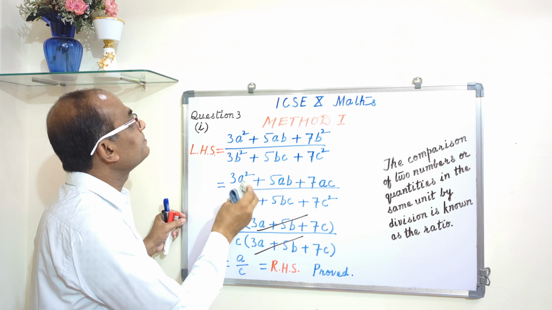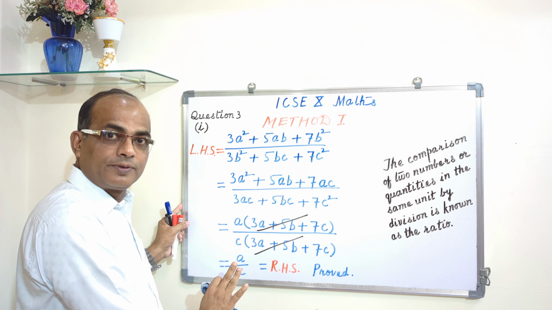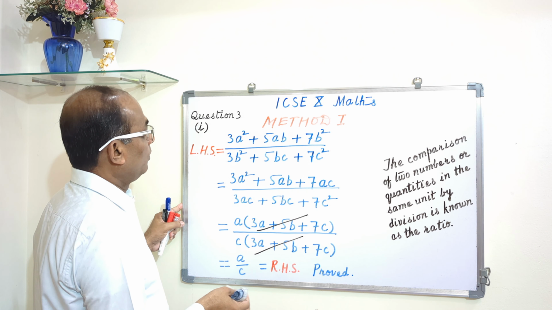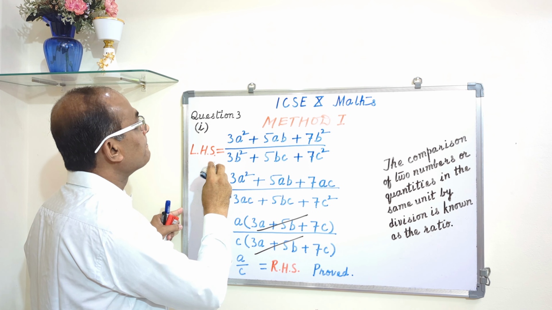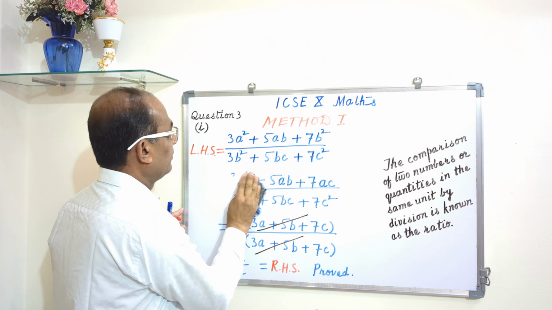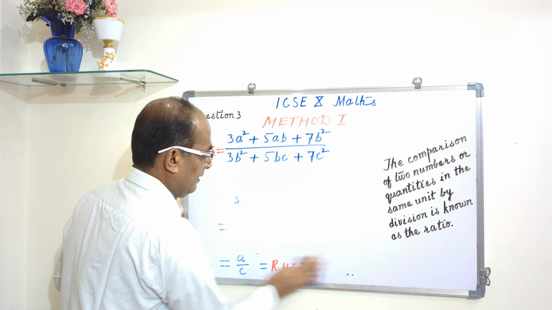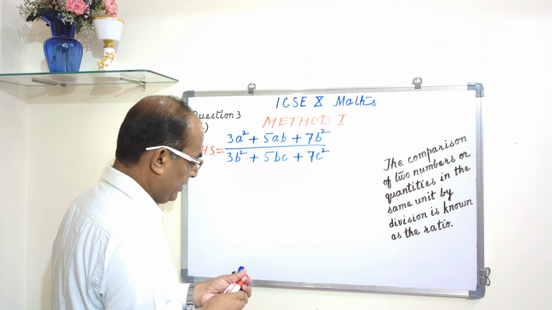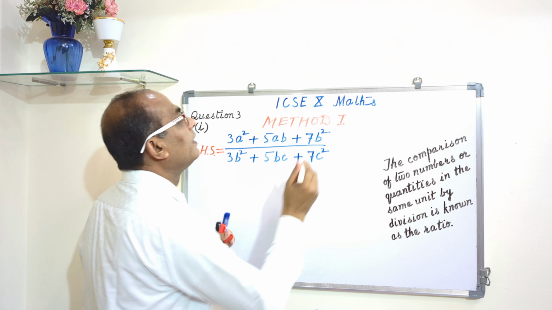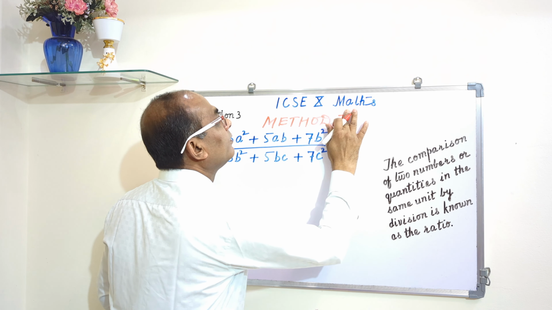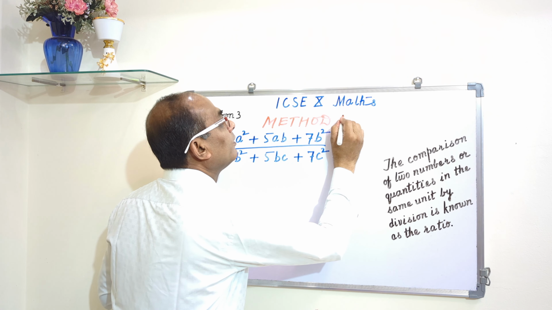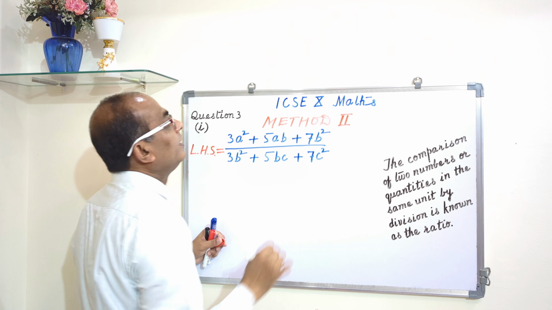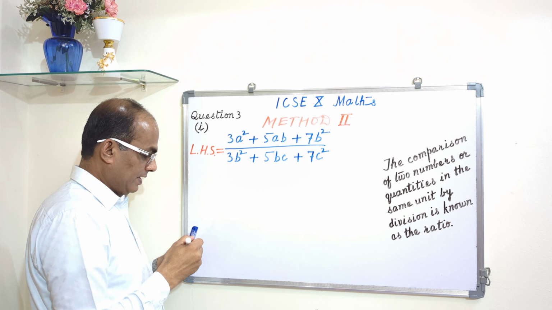Method 2. This clear? This A upon C is the right hand side. Now in method 2, what we do. Method 2. Fine.